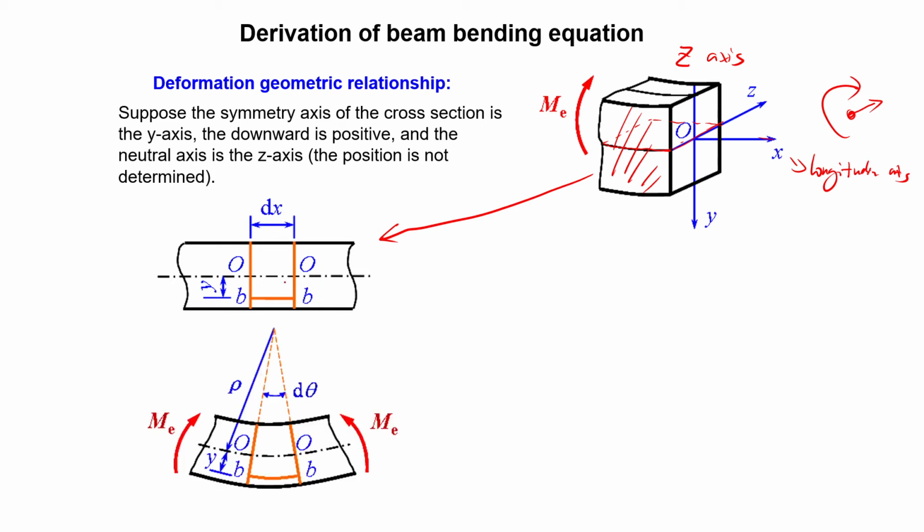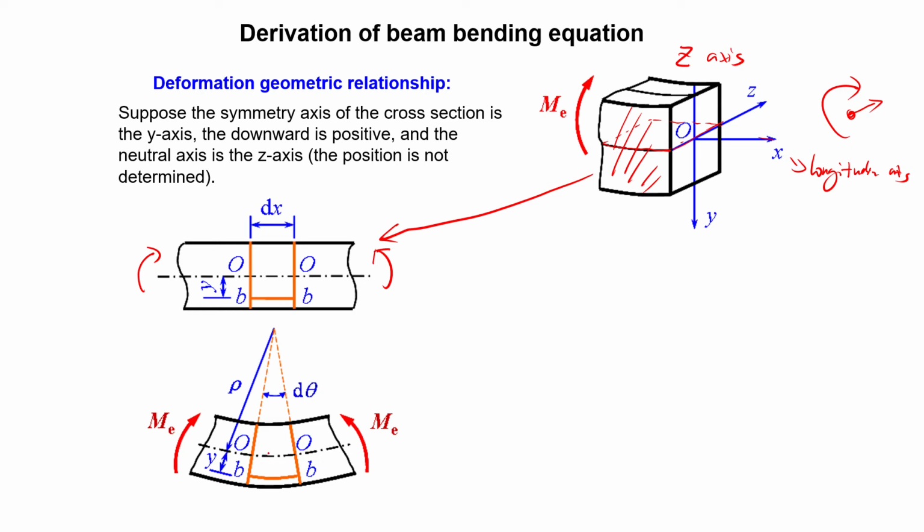You have a bending moment applied on this plane, and this bending moment will deform the top, compressively shortening it, and elongate the bottom in this case.